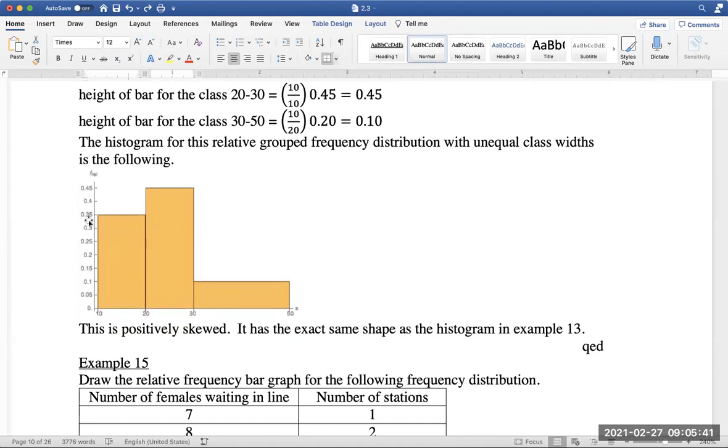The only difference was that for the relative one, the numbers here were different. That's the only difference. So you get exactly the same amount of information drawing a frequency histogram as you do drawing a histogram for the relative frequencies or for the percentage frequencies. The amount of information is identical for all three of those.